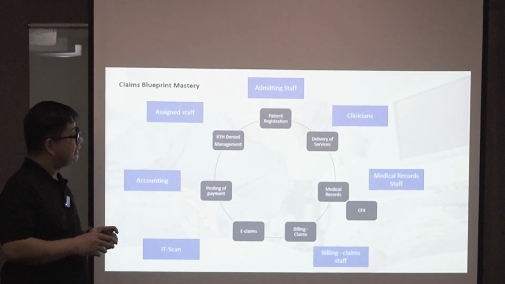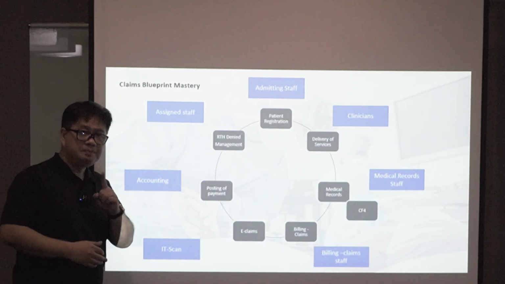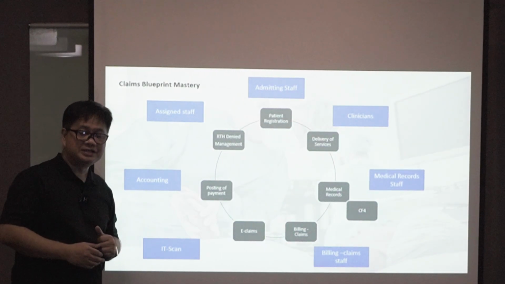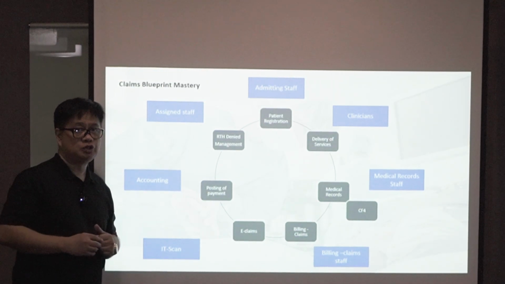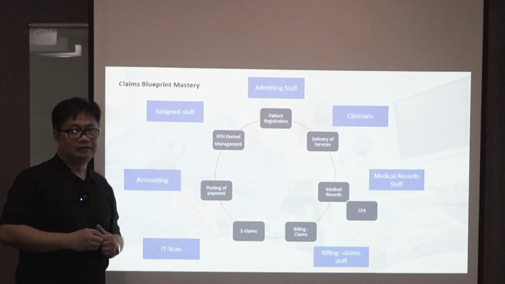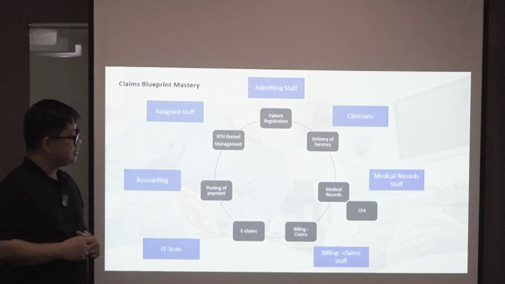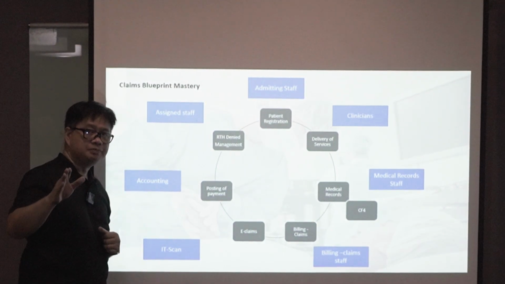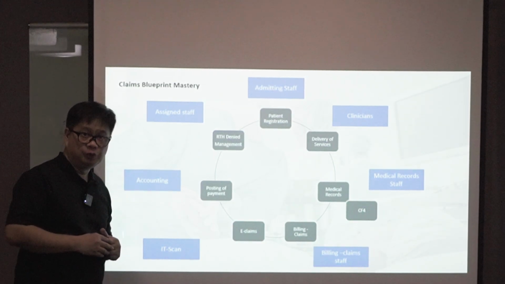One thing to note, the claims blueprint, if you can observe, may involve at least or more than 50% of the employees of the hospital. So that is very critical. So, call to action is this. First, you need to have someone who will manage the claims blueprint.